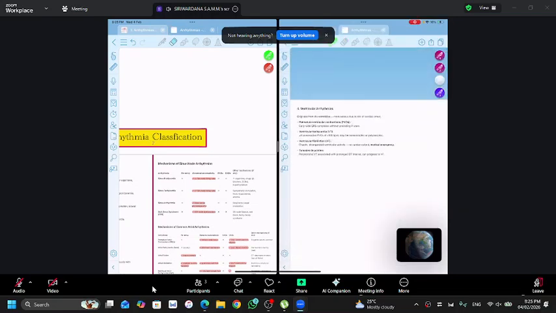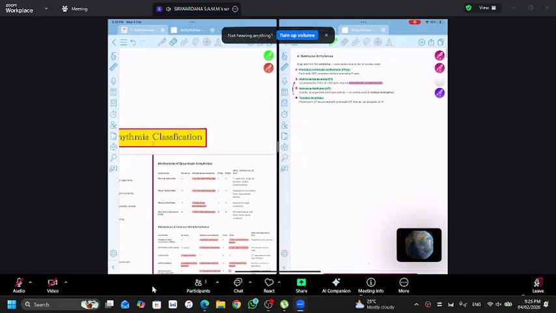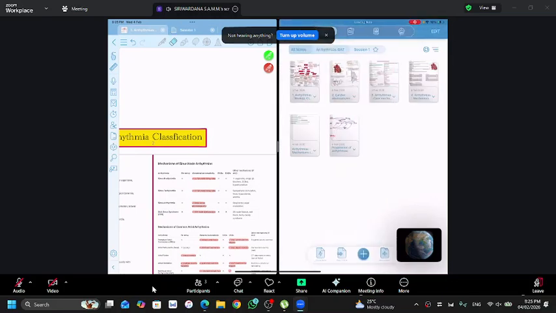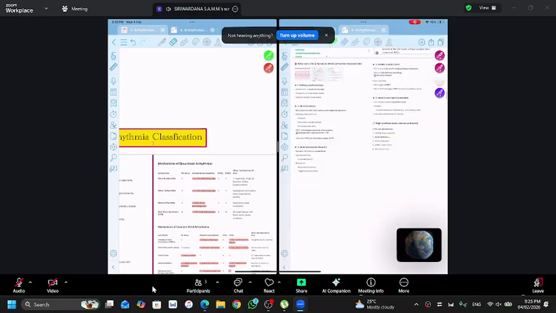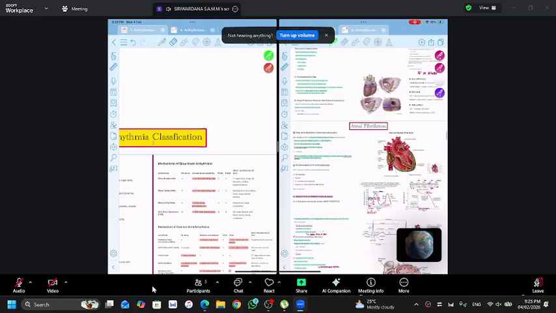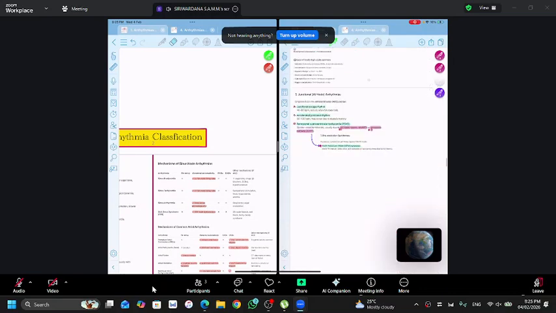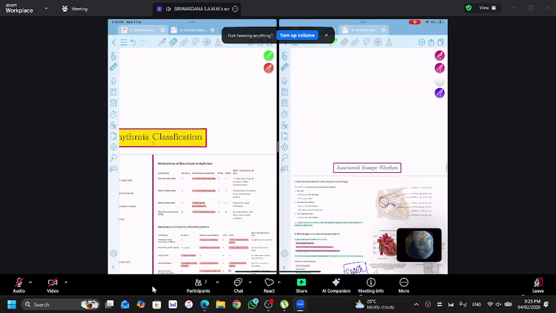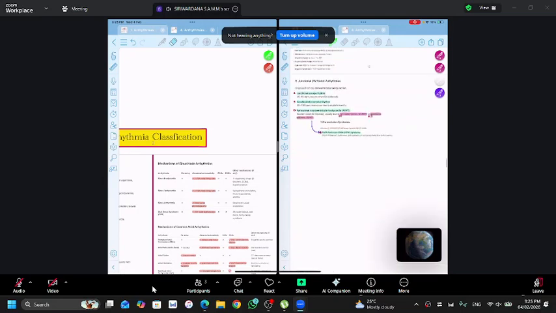So what we have here is a junctional escape rhythm. Involving the AV node, there are three abnormalities that can happen due to abnormal automaticity.